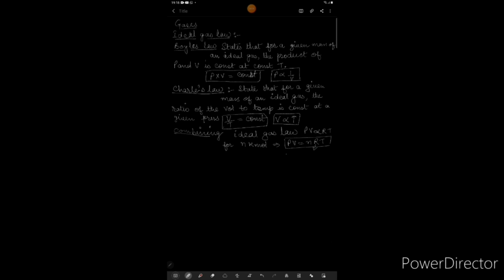Here R is the universal gas constant, and its SI value is 8.314. If the SI unit is given, then we use this one. Otherwise we have to learn or calculate the R value according to the problem.